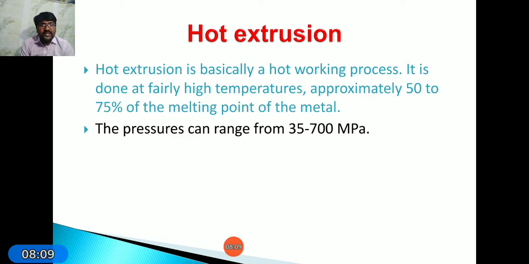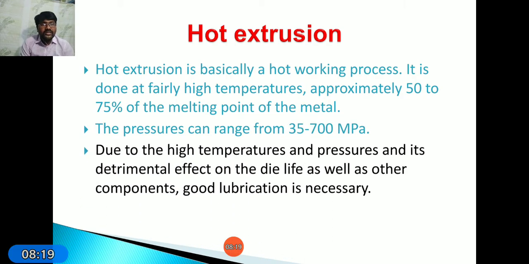Next, the pressure can range from 35 to 700 megapascal. Based on the material, we have to change the pressure. Next, due to high temperature and pressure, there is a detrimental effect on the die life as well as other components, so good lubrication is necessary.